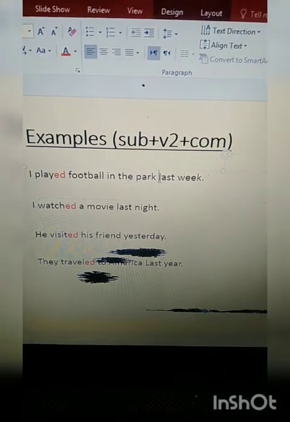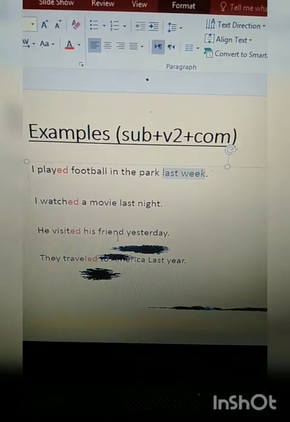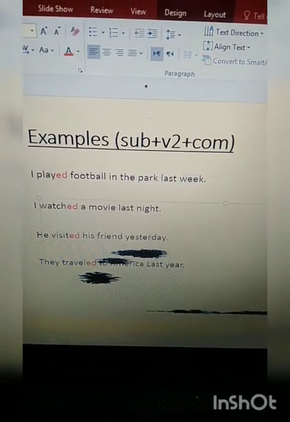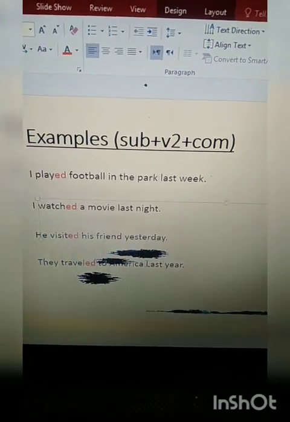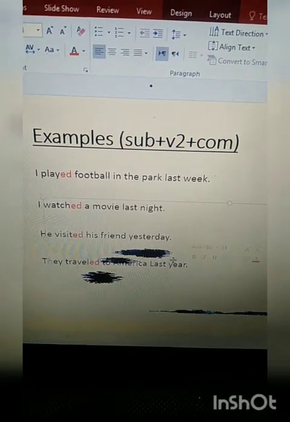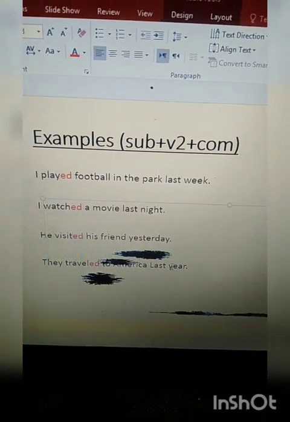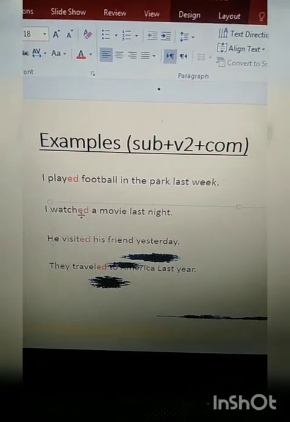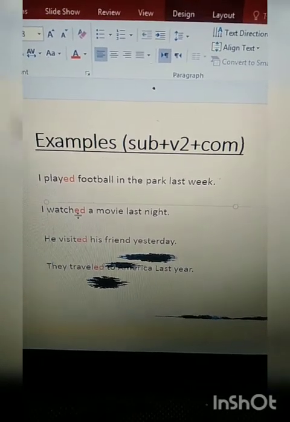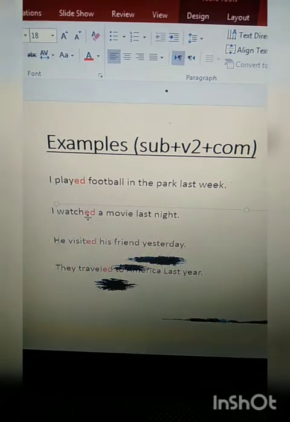Here we have a keyword, last week. Here we have a keyword, yesterday. And here we have the keyword last year. So we are talking about actions that happened and finished and are over in the past. Okay?